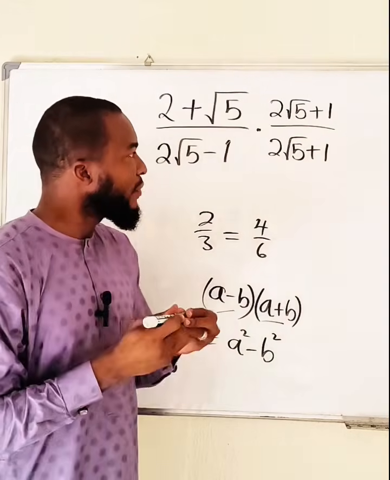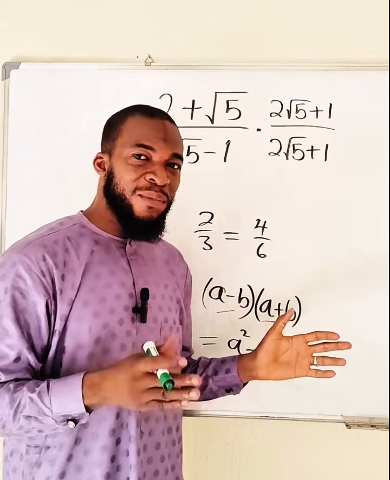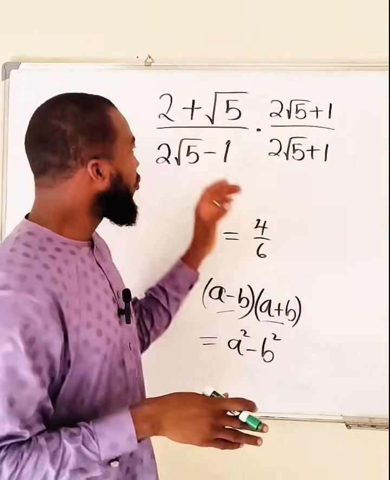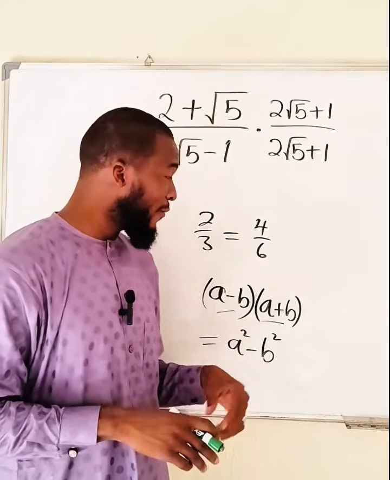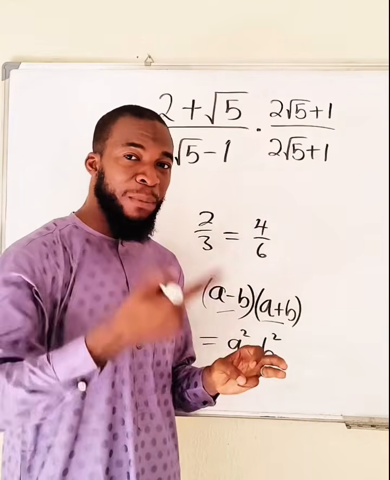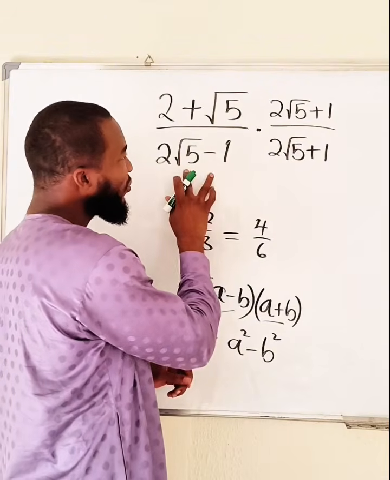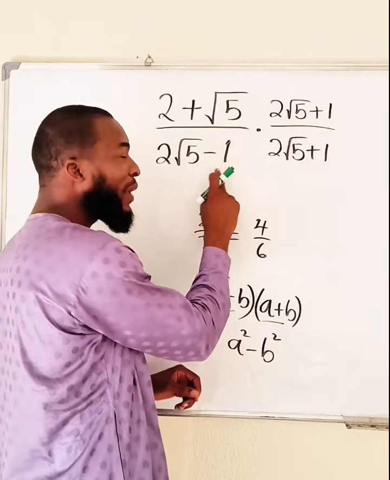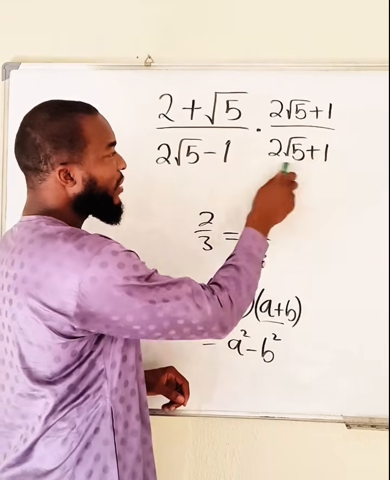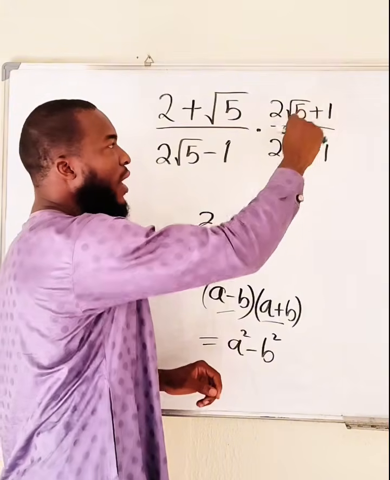Just observe, since this value and this value are exactly the same, if you divide, you get 1. So multiplying this by 1 will not change it at all. It remains the same. For example, if you take 2, you multiply by 1, it remains 2. But just because we want to change the bottom, this is why we decided to multiply by the conjugate, which is just a difference of sign. This is minus, this is plus. So the whole of this is 1.